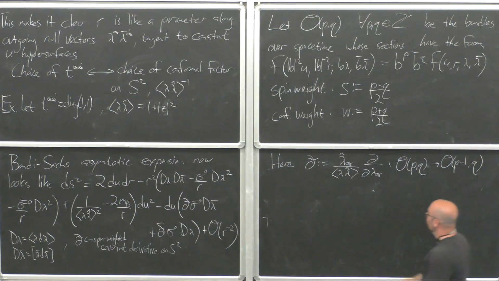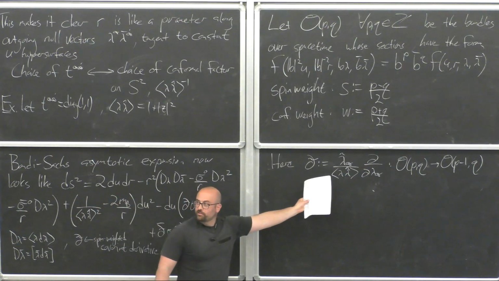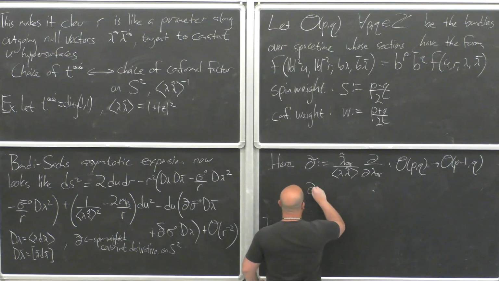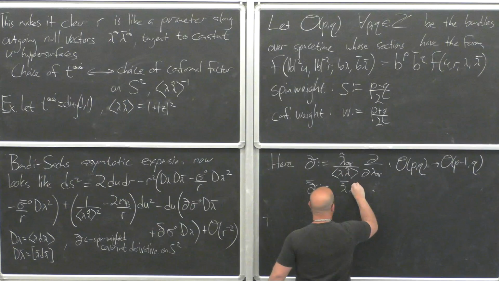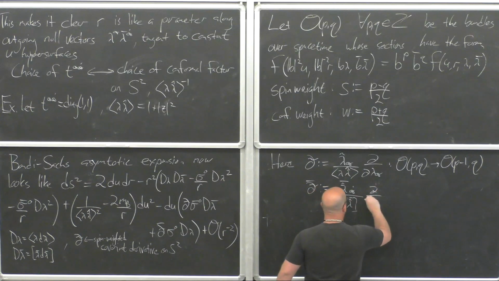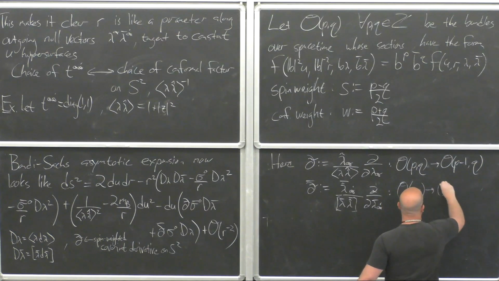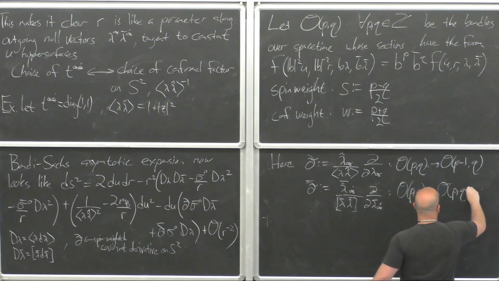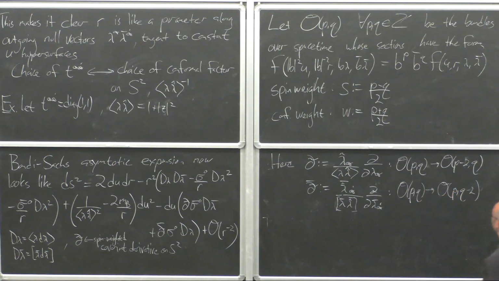Eth bar is just the complex conjugate of this, right? So it's acting like d by d lambda bar, and this thing sends sections of O(P,Q) to sections of O(P, Q minus 1).